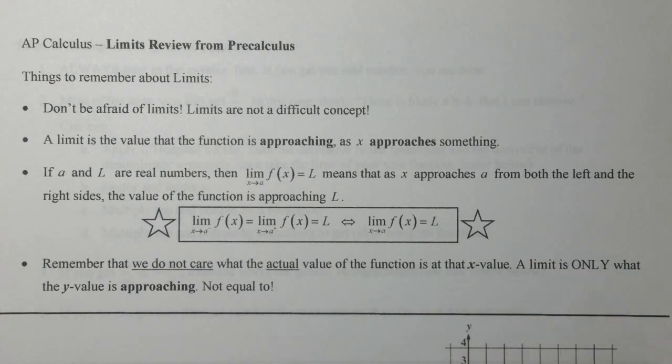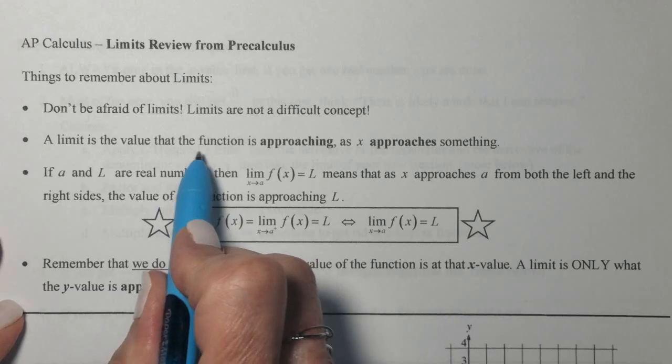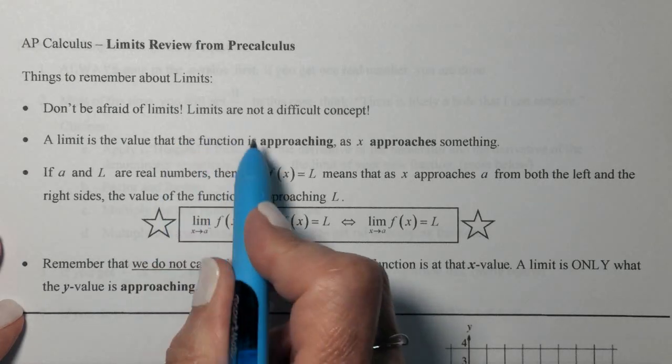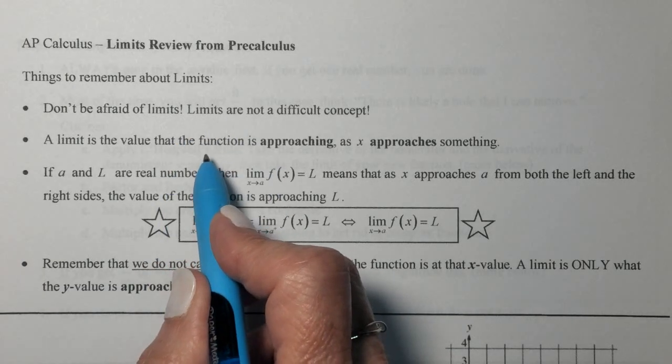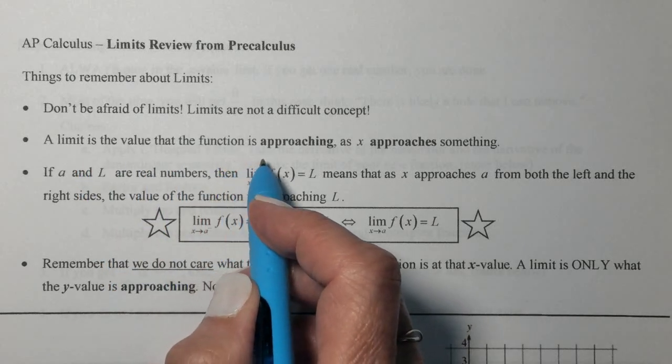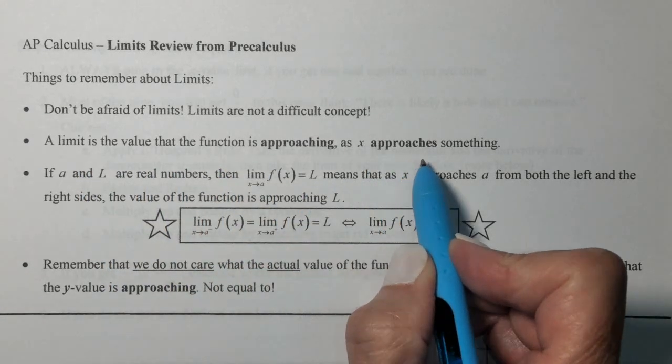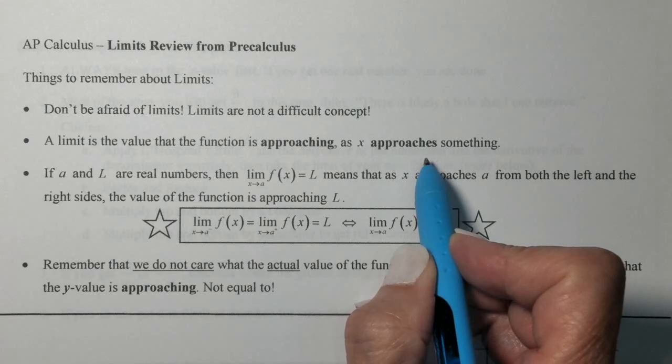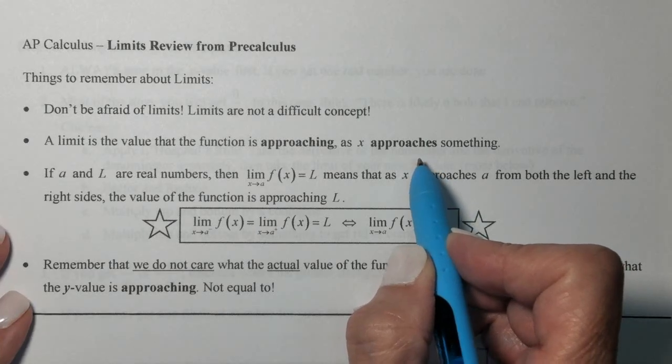A limit is the value that the function is approaching, the y value. When I say the function, you think the y value. A limit is what is y approaching as x approaches some number, or infinity or negative infinity.